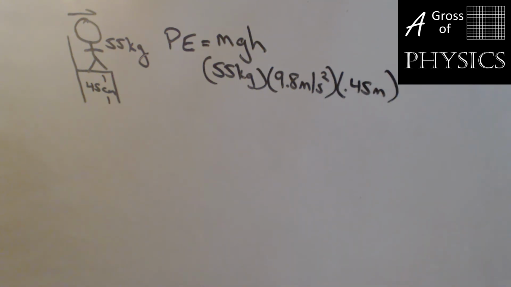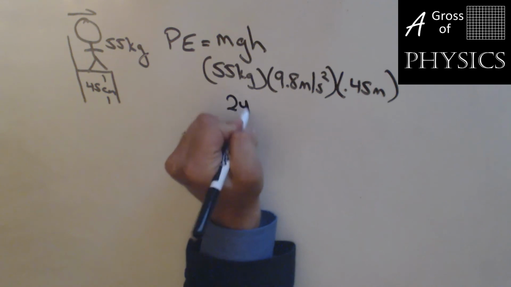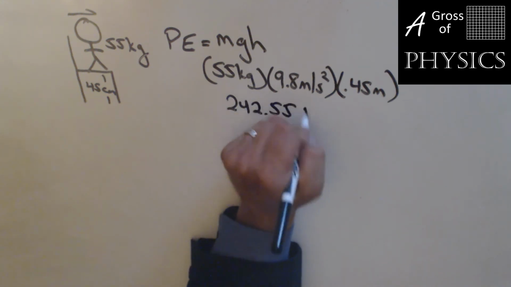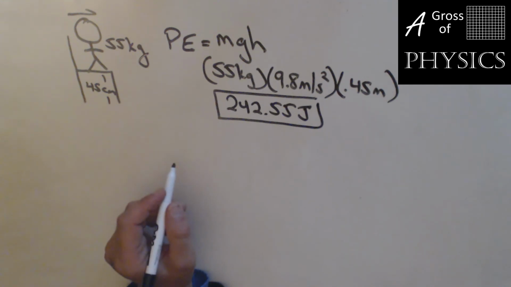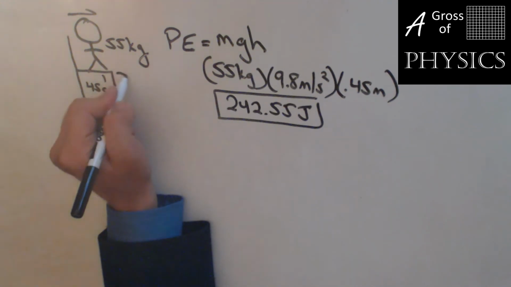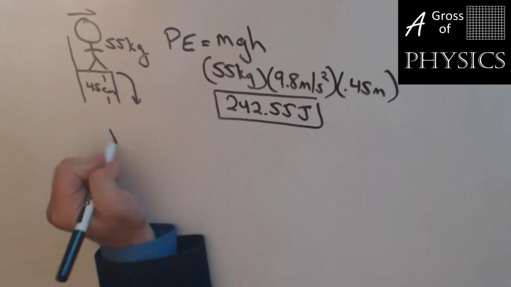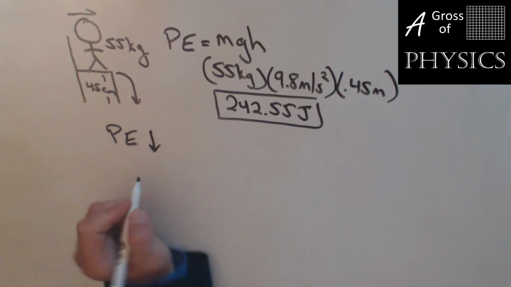All right, 55 times 9.8 times 0.45 gets me 242.55 joules.